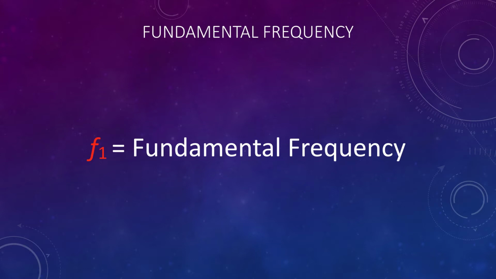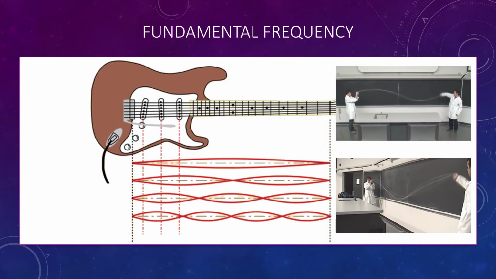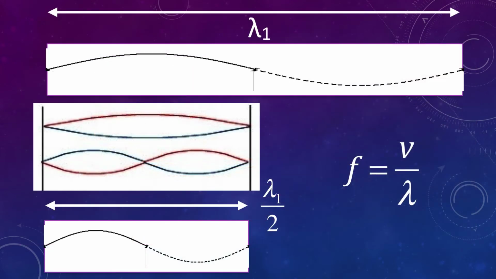Now, because of geometry, it turns out we can create other standing waves in a string as well. As long as the nodes and antinodes are evenly spaced along the string, and the endpoints are nodes, we can have a standing wave. Let's go back to the formula. The second standing wave has a wavelength that is half of the original wavelength.